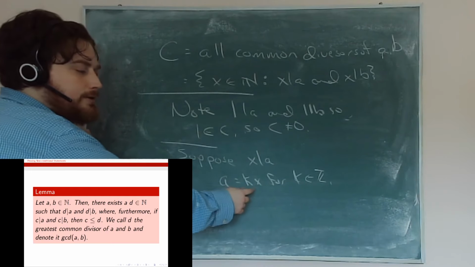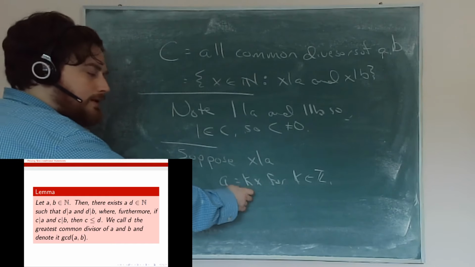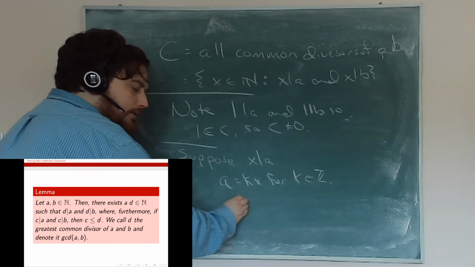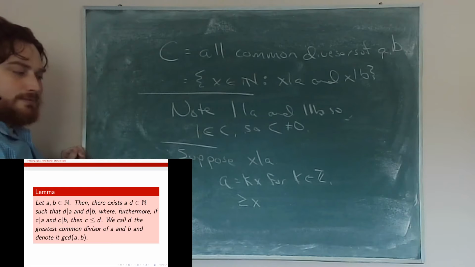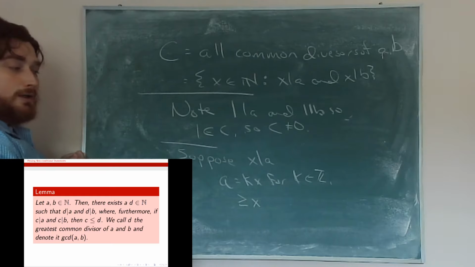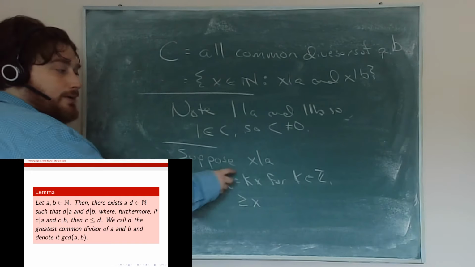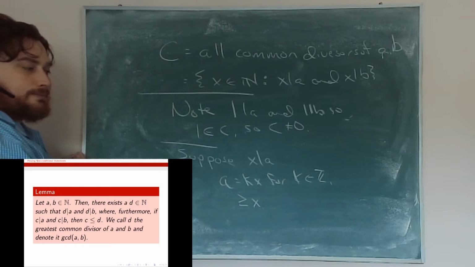But k is an integer, so if I multiply k by 1, or k times 2, or k times 3, notice that this number will always be bigger than or equal to x. So if I multiply a number by 1, I get the same thing. If I multiply by 2, I end up with a bigger number. If I multiply by 3, it's a bigger number. If I multiply by 4, it's a bigger number. So what that means is that if x divides a, then a is greater than or equal to x.